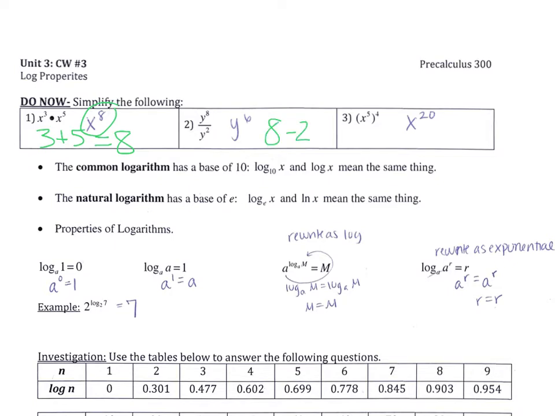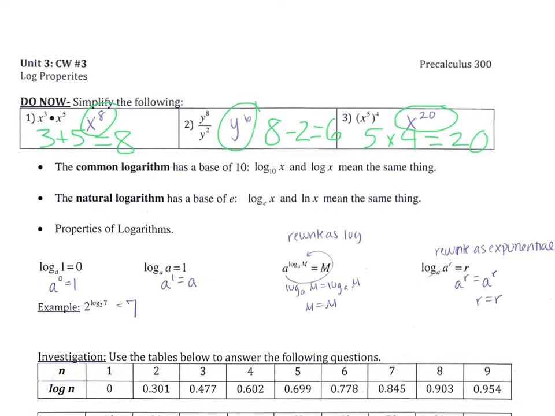So 8 minus 2 equals 6, which is how we get y to the 6th. And when you are raising an exponent to some power, you multiply the exponents. So 5 times 4 equals 20, which is how we get x to the 20th. So that was just some review. Hopefully you guys remembered that.